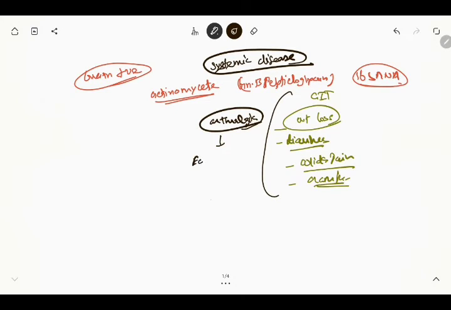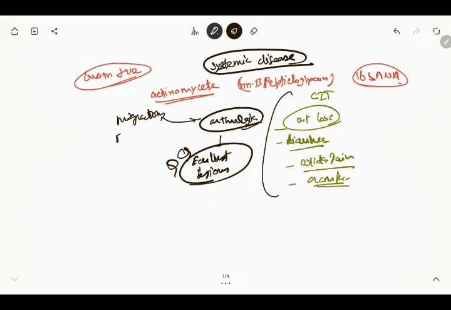It is one of the earliest lesions to occur. The patient may present with arthralgia, and this arthralgia might be migratory and intermittent in nature.